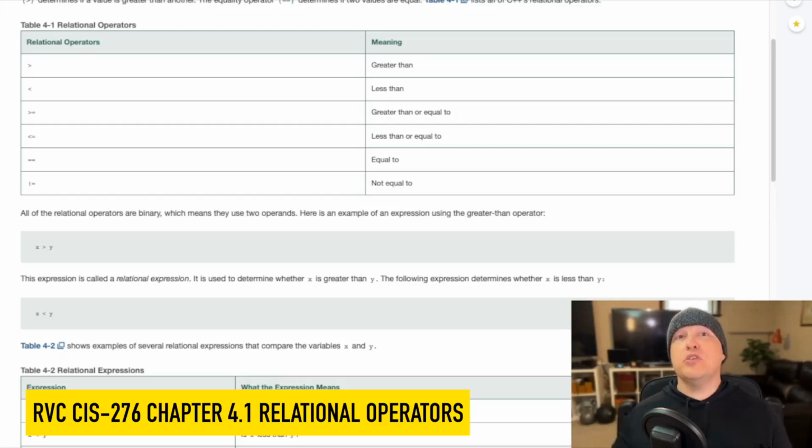So if I have two doubles and I have 5.0001, and on the other side I have 5.001, I have 1,000th of difference between those, and those are not the same. So not equals to would evaluate as true, right? Because those two values are not the same.